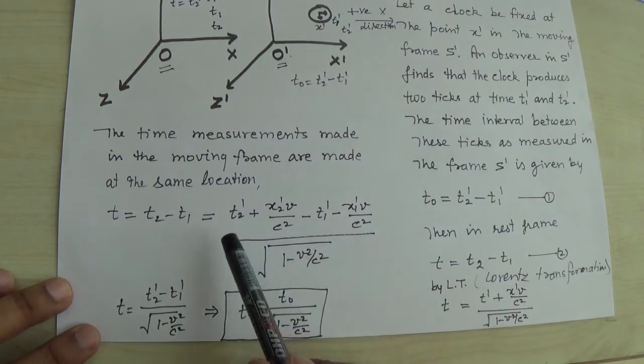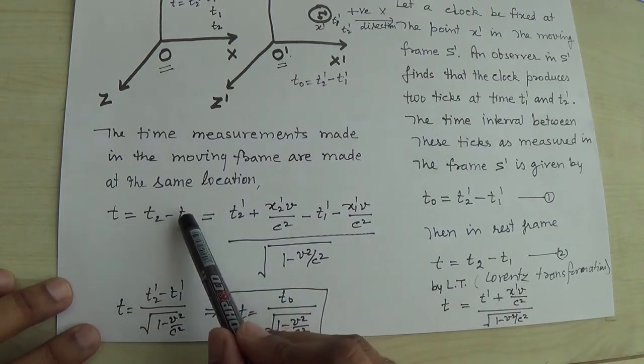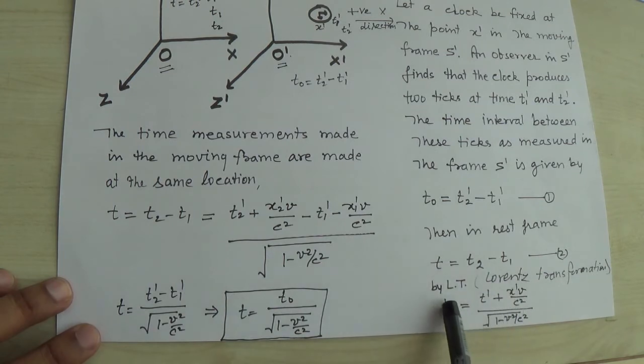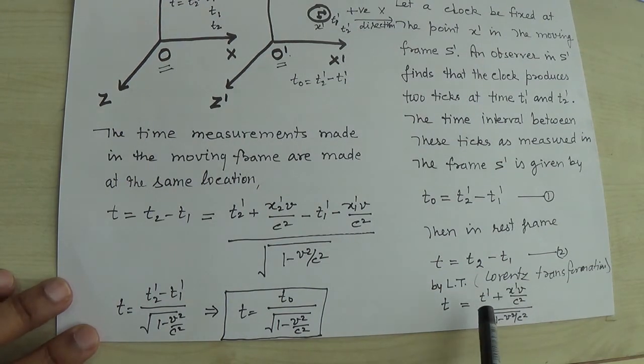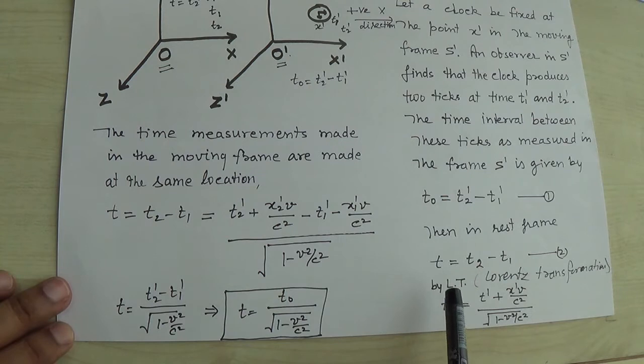and I am putting in the values of T2 and T1, as defined here. So I can write T2 is equal to T2 prime plus x2 prime v upon c square, upon square root 1 minus v square upon c square, and similarly for T1.